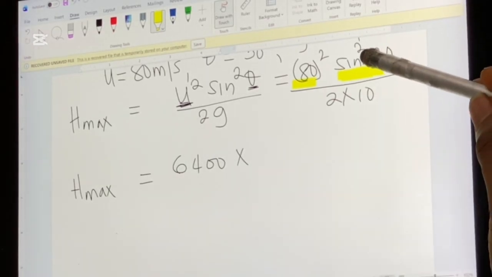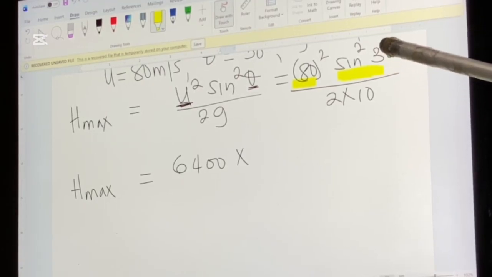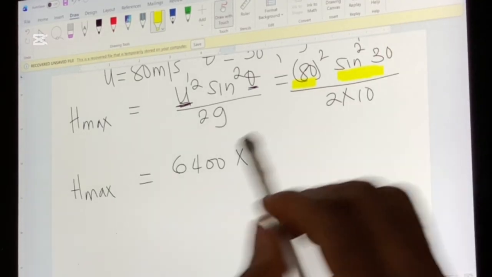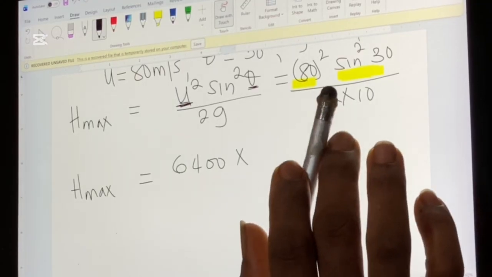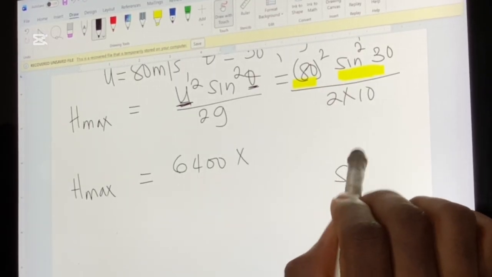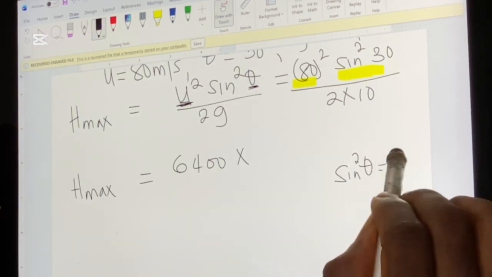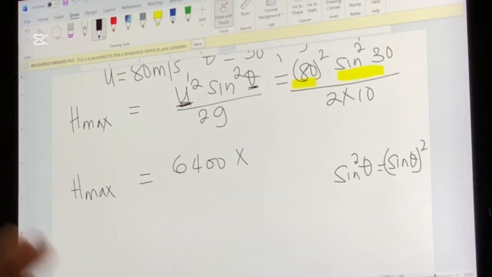We can see sine squared 30 in our calculator, but there's another way to express sine squared 30. Please listen to me carefully: whenever you have sine squared theta, it is the same thing as sine theta all squared. Please take note.